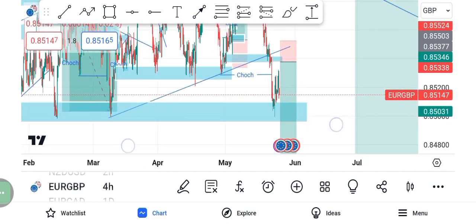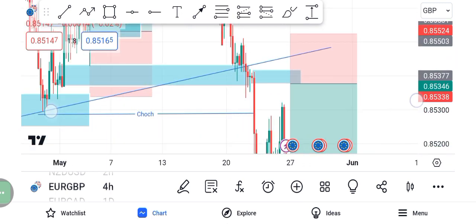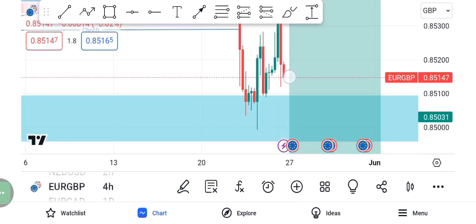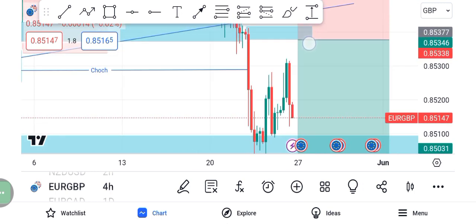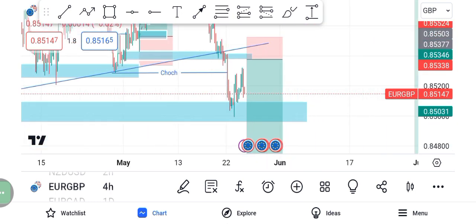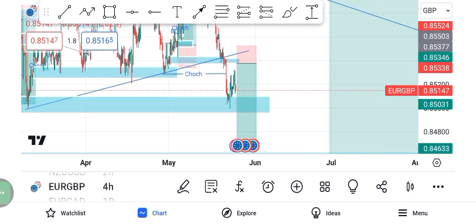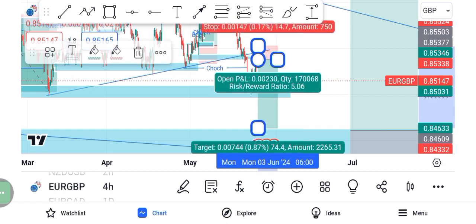Where price is right now, I expect price to pull back into this minor supply zone and order block, a valid order block right here, meeting all my criteria. Once it pushes there, then I'll take my sell. So I'm waiting on the trade also for this week.